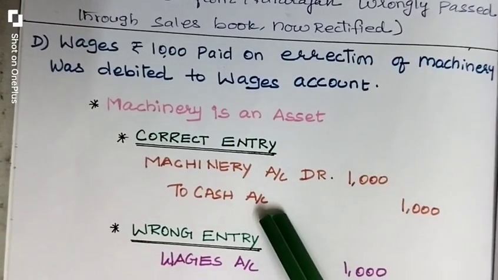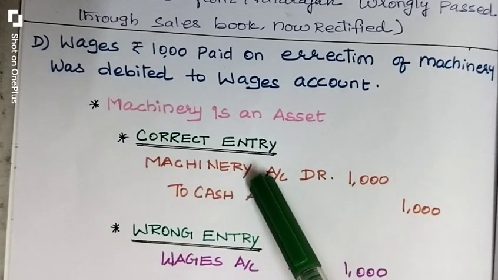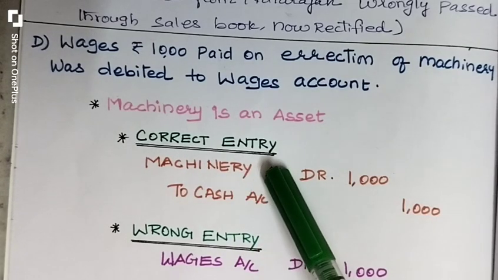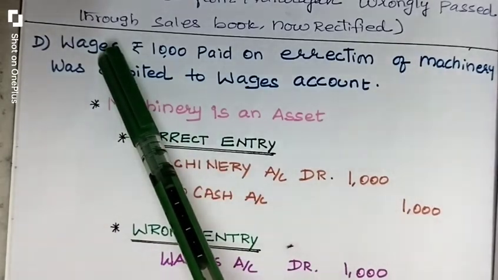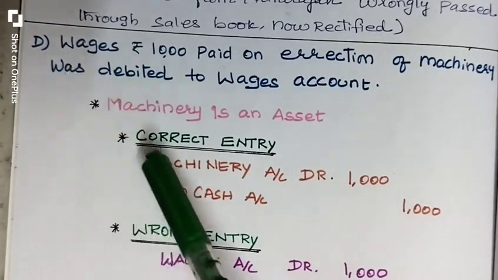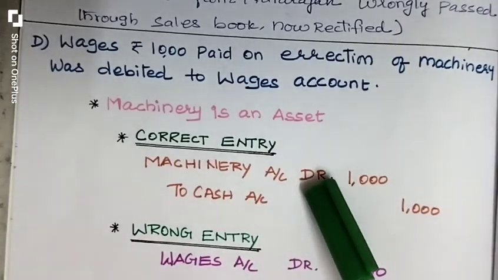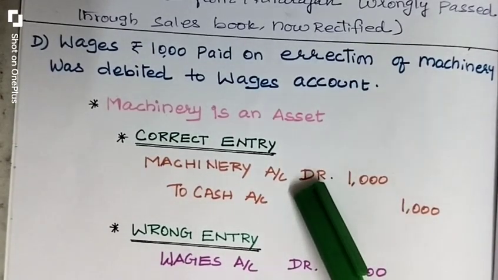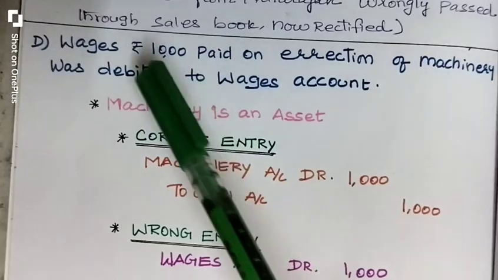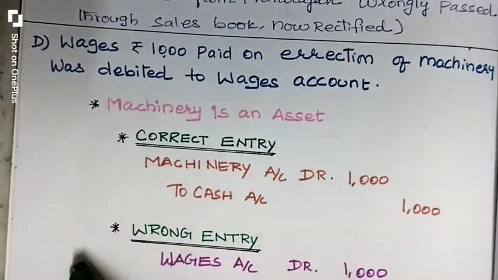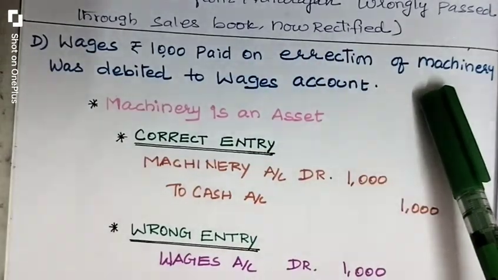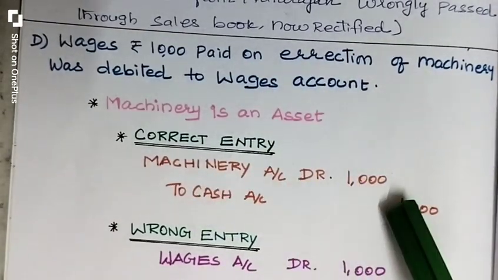Whenever you purchase machinery, machinery comes in, and cash goes out in the name of wages. You can't enter it into the wages account. You spent wages for the erection of the machinery, but you can't enter it into a separate wages account. You have to enter it into the machinery account. So machinery account debit 1000 rupees to cash account 1000 rupees.